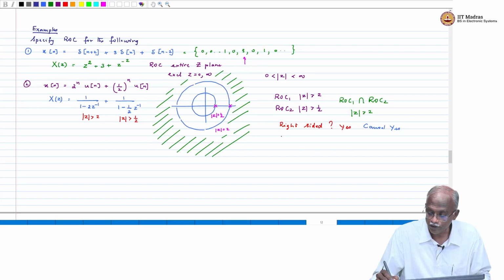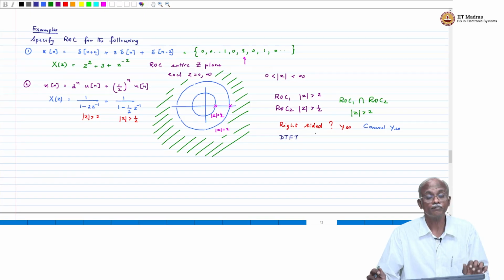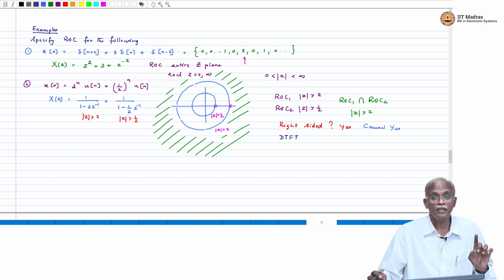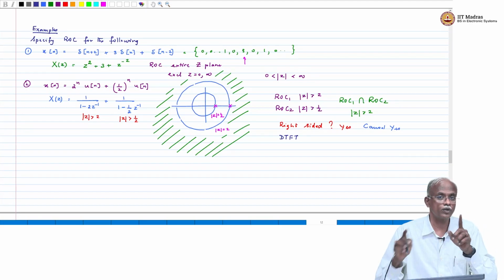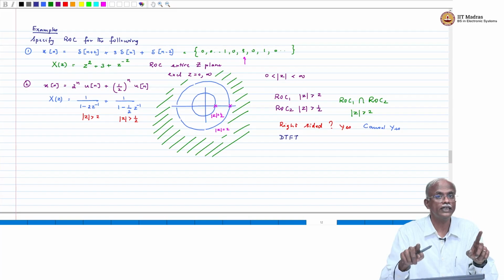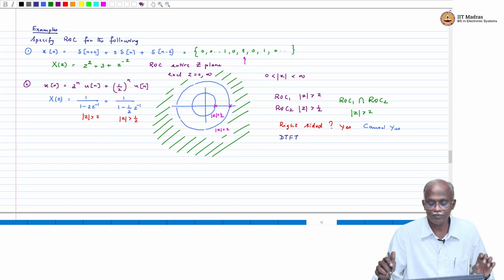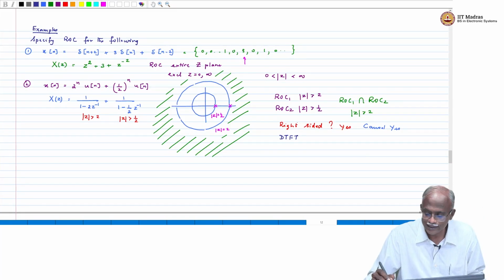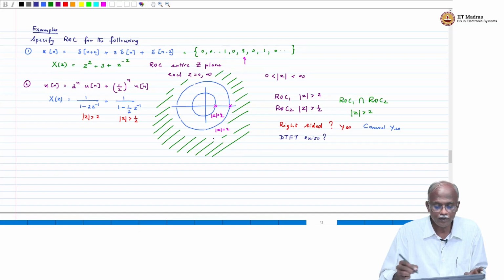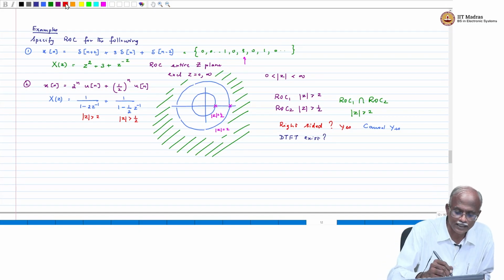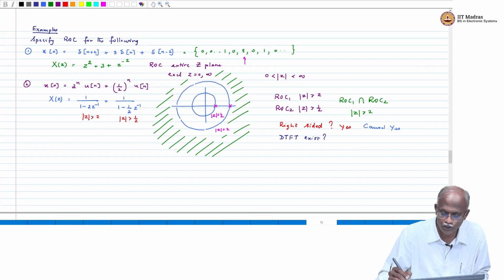Now, very important question: is the sequence absolutely summable? That's another way of asking, does the DTFT exist? Because the condition for the existence of the DTFT is that the sequence must be absolutely summable. So, does the DTFT exist? Look at the region of convergence. Where is z equal to 1? Z equal to 1 is sitting between these two, between half and 2.